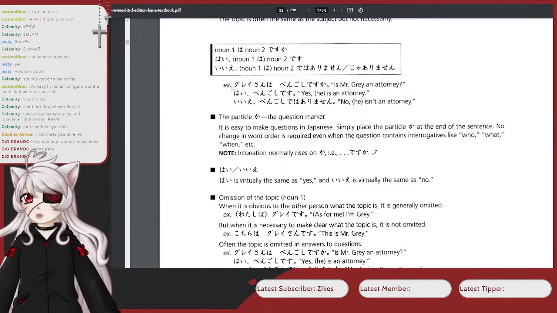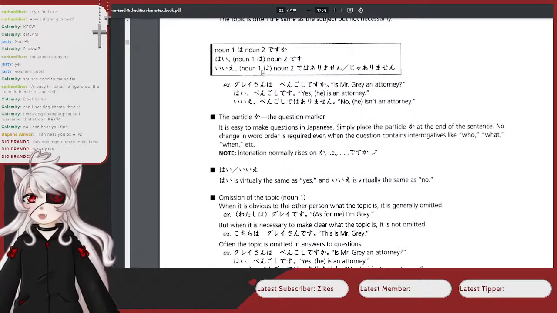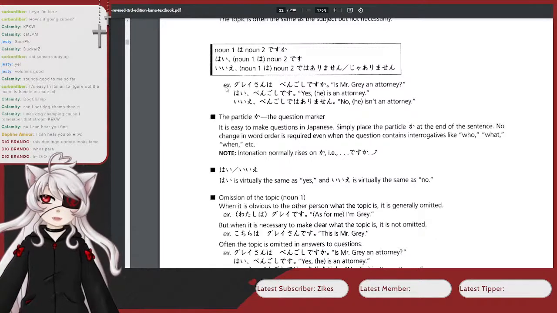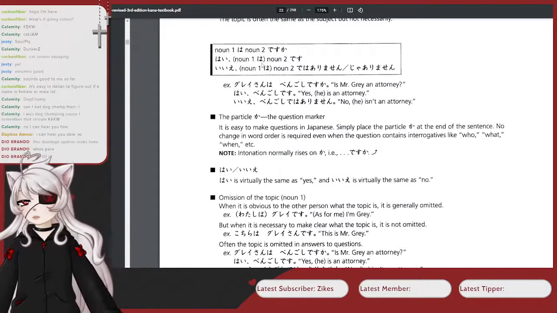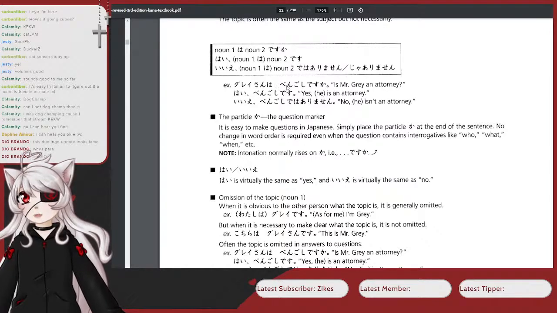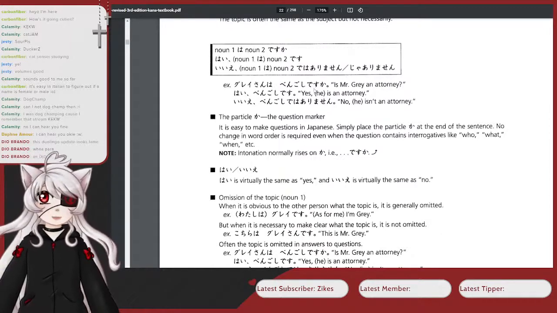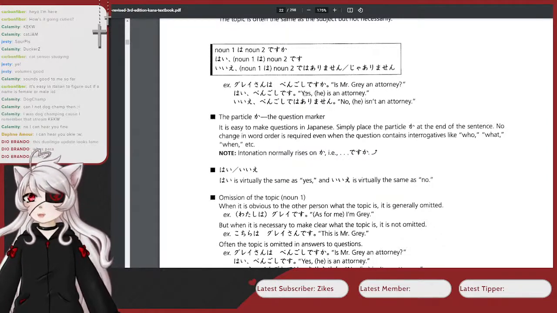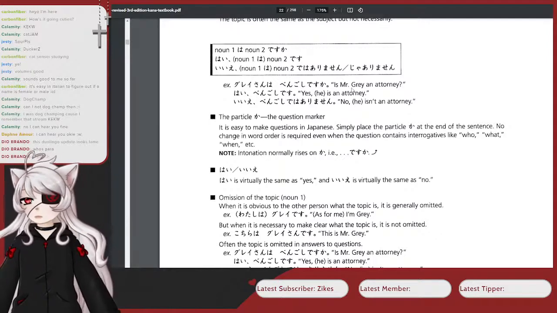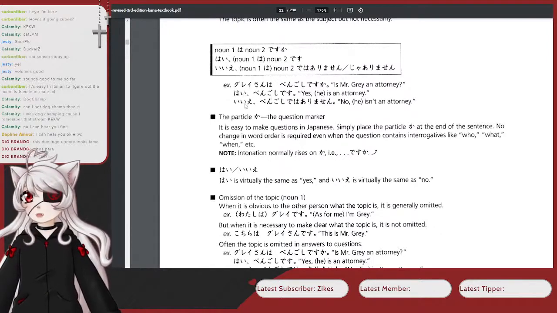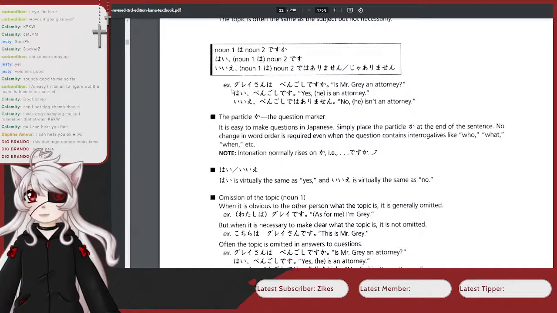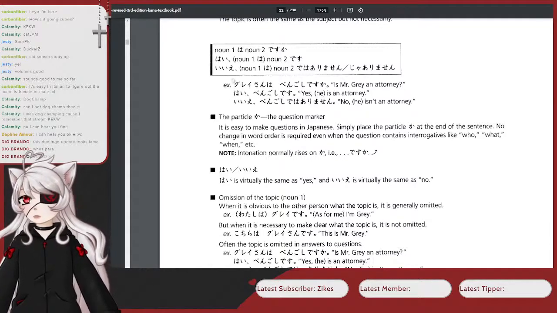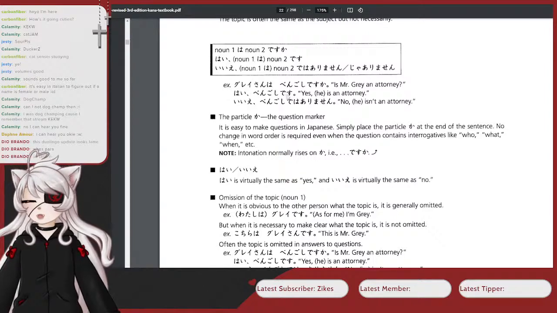So Gure-san is obviously the topic, the subject of the sentence, and bengoshi is attorney, that's his job. So they're asking, is Gure an attorney? And you can either say hai, bengoshi desu. You don't have to say hai, Gure-san wa bengoshi desu, because the previous person already said Gure-san wa.